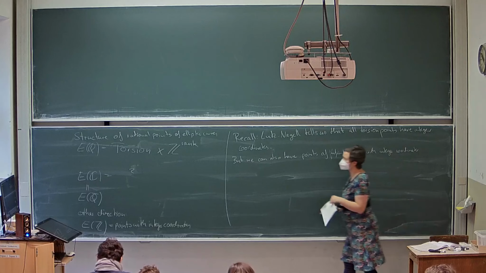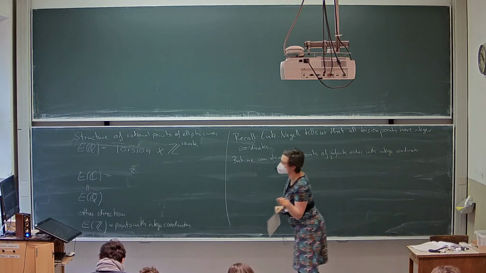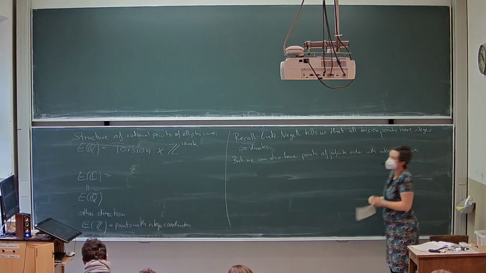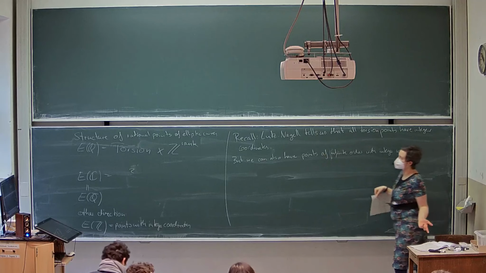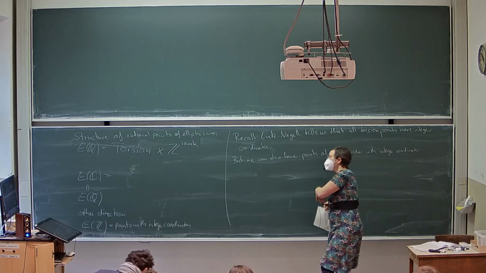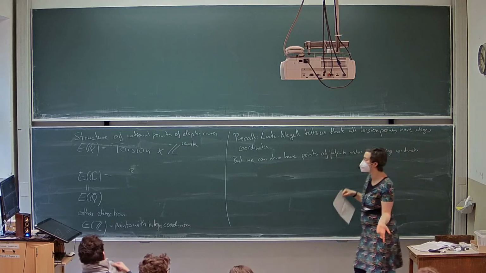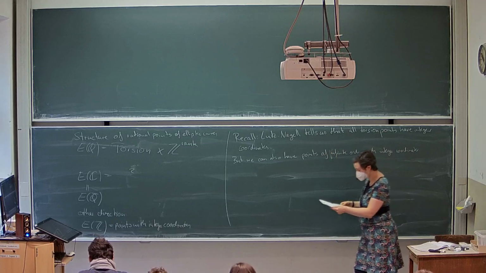So now the question is, how can we find them? How many are there? Do they have some special structure? Can we construct new points from points that we already have?